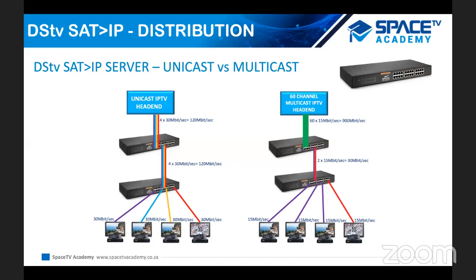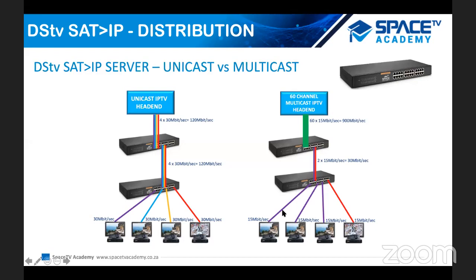In this case, I have about 60 channels on that headend, which will all be pushed out of that headend simultaneously, hence the very big green pipe in my illustration. And if you go 60 times 15 megabits per second, you have a 900 megabit per second stream running from the headend into the first network switch.